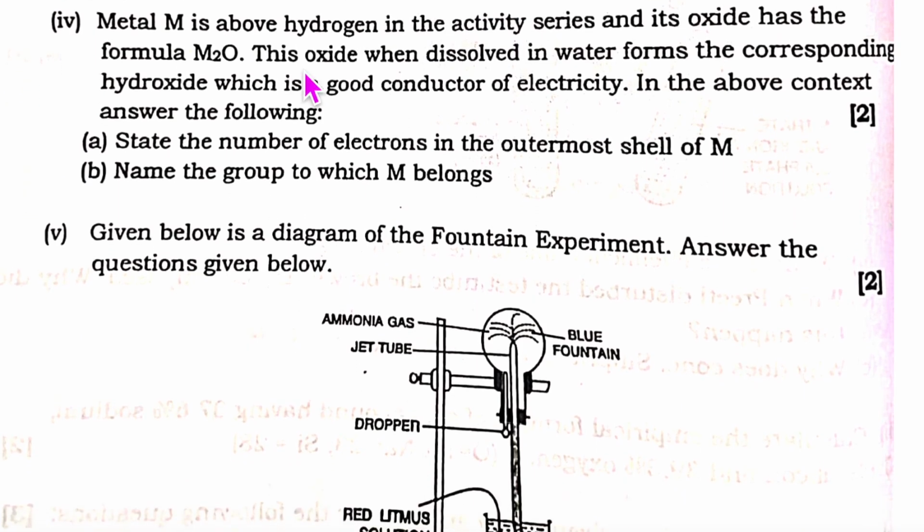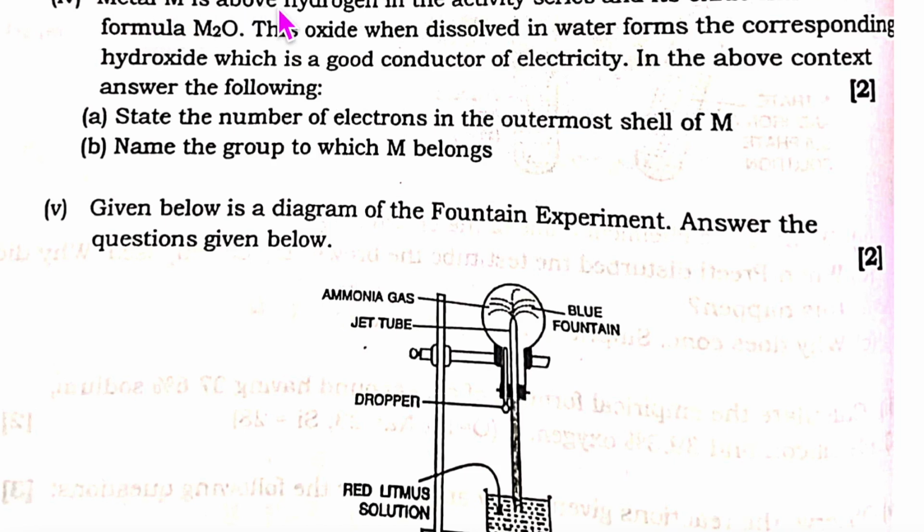Then metal M is above hydrogen in the activity series, and its oxide has formula M2O. This oxide dissolved in water forms the corresponding hydroxide, which is a good conductor of electricity, and they are telling you to state the number of electrons in the outermost shell.